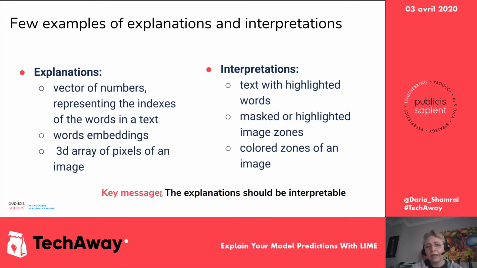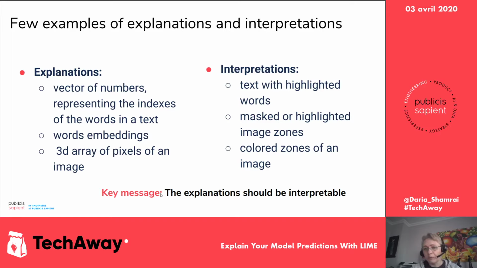Because you can get an explanation that tells you everything you need to know, but you may have a really hard time to interpret it as a human being. So imagine you make a text classification and you ask for an explanation, and you return the vector of numbers representing the indexes of the words in the text, which, for example, the model says, okay, these words at the indexes XYZ contributed to my decision that the text talks about the weather.